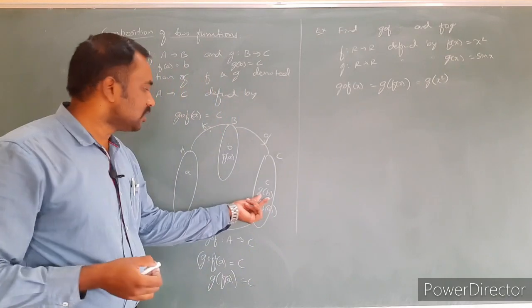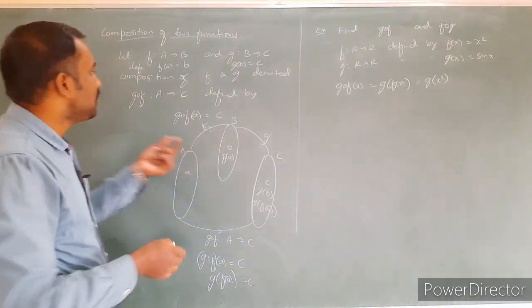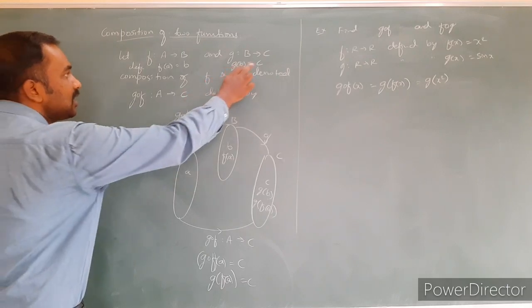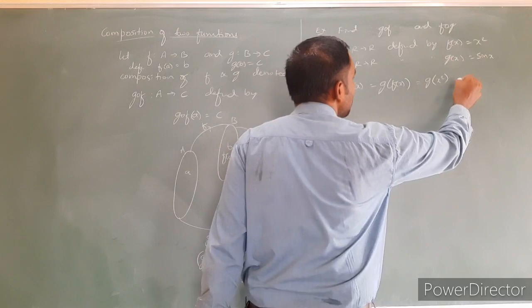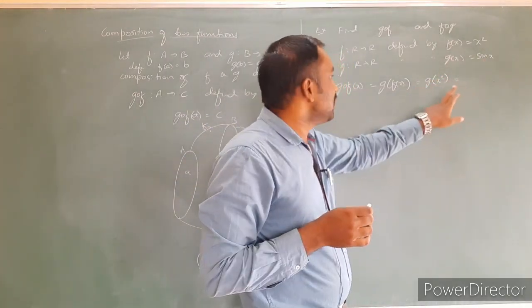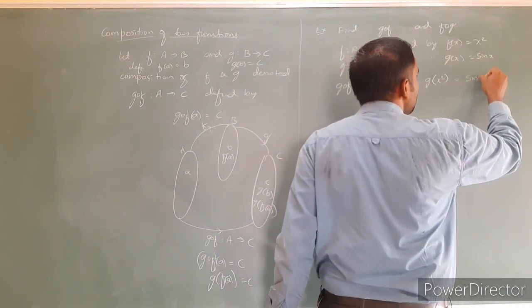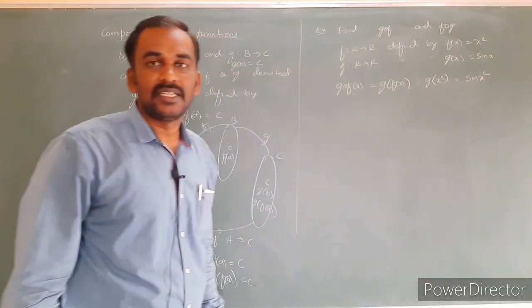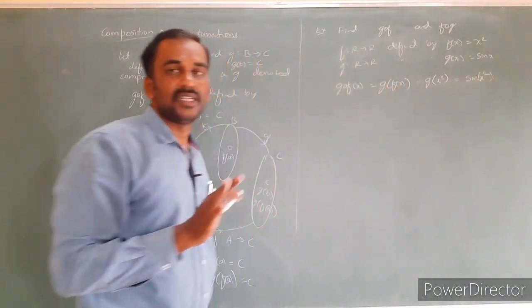Now it is of the form G of B. G of B is nothing but, G of X is equal to sin X. In place of X, X square is there. This we can write as sin of X square. In place of X, you just replace the X square.